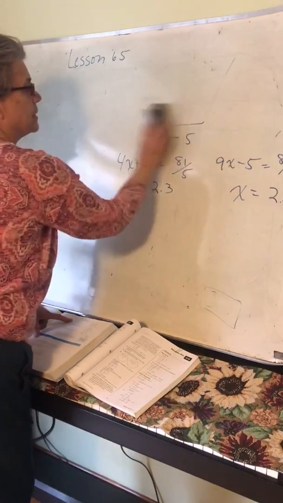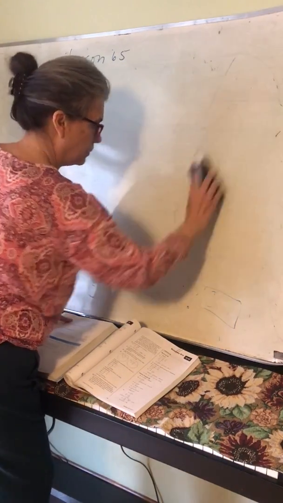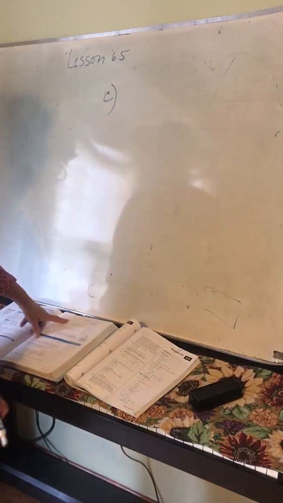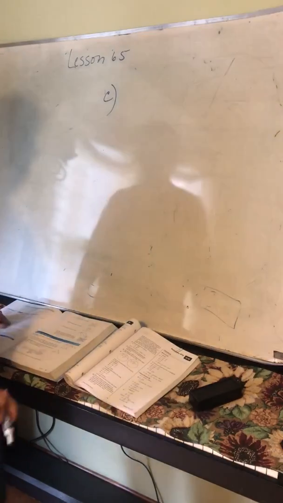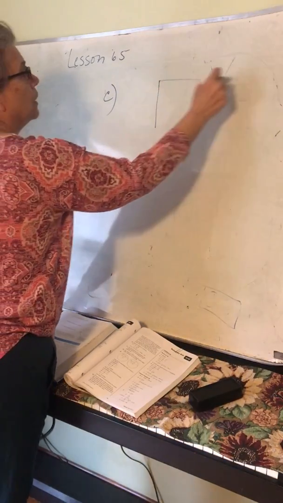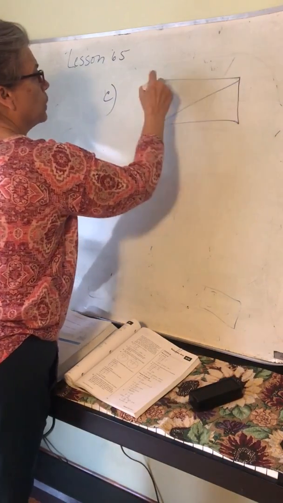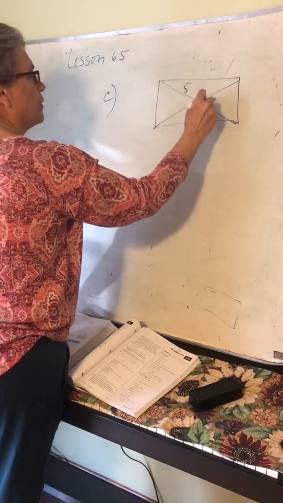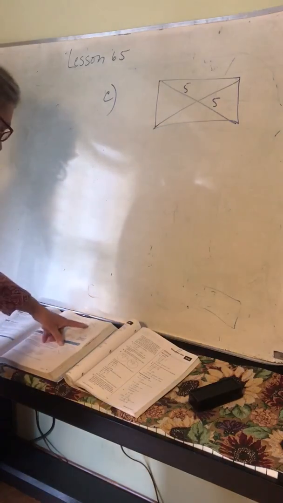Okay, let's look at C. C is if this is a rectangle. Well, if it's a rectangle, the diagonals will be equal. So we know this one is 5 and 5, 10.